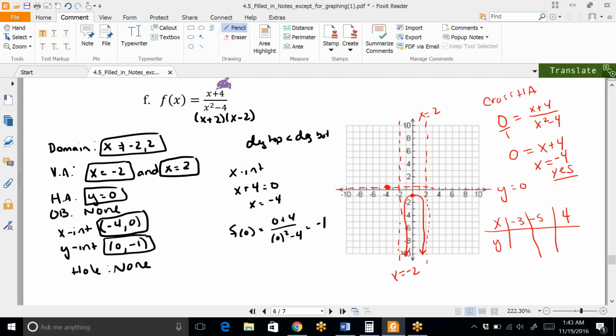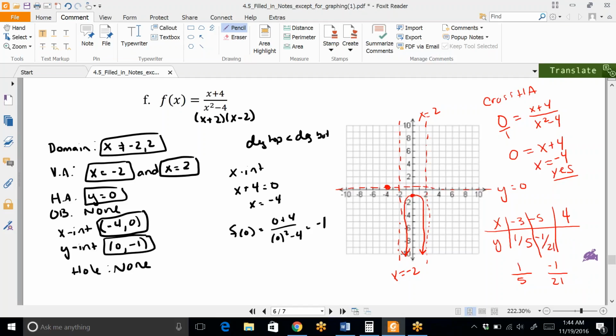If you plug in -3, -3 plus 4 is 1, over -3 squared is 9, minus 4 is 5, so this would be 1/5. If you plug in -5, that's -1 on top and 21 on bottom.